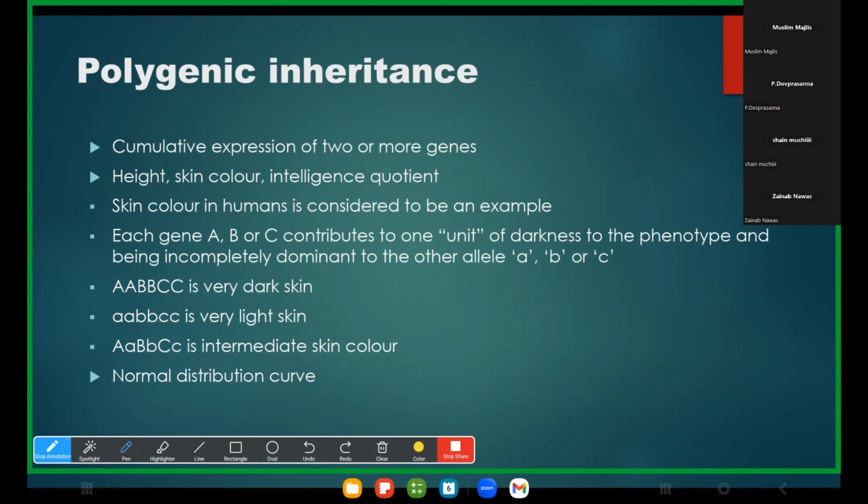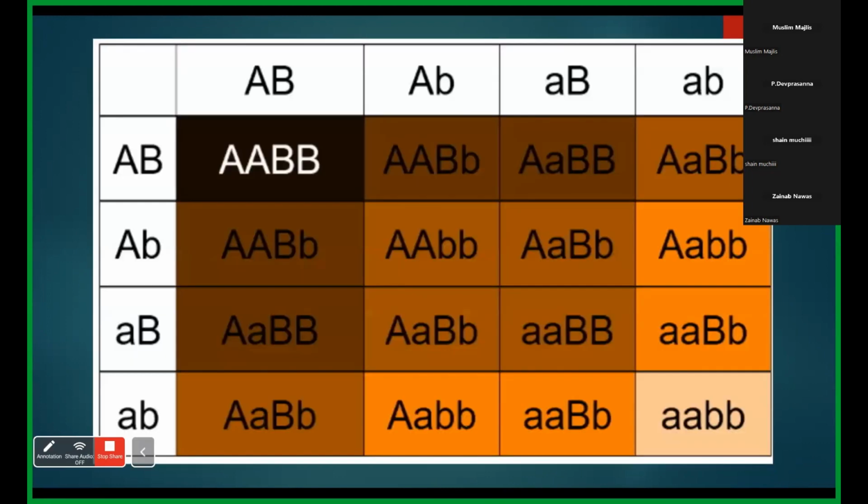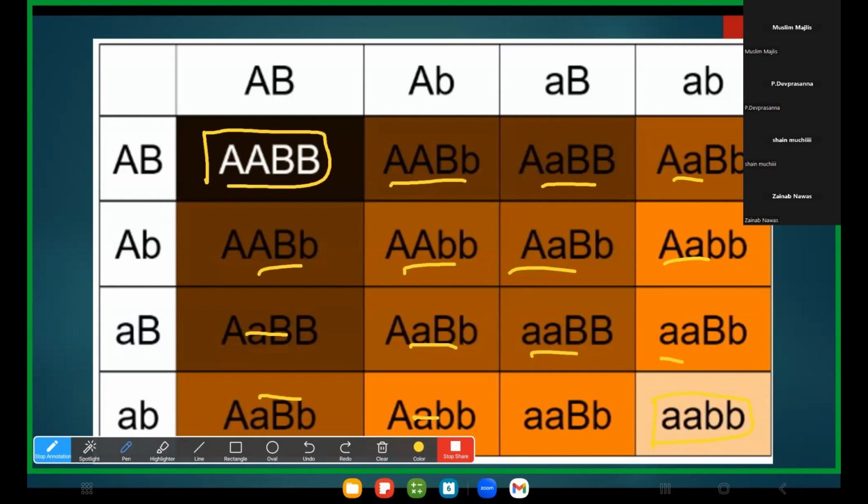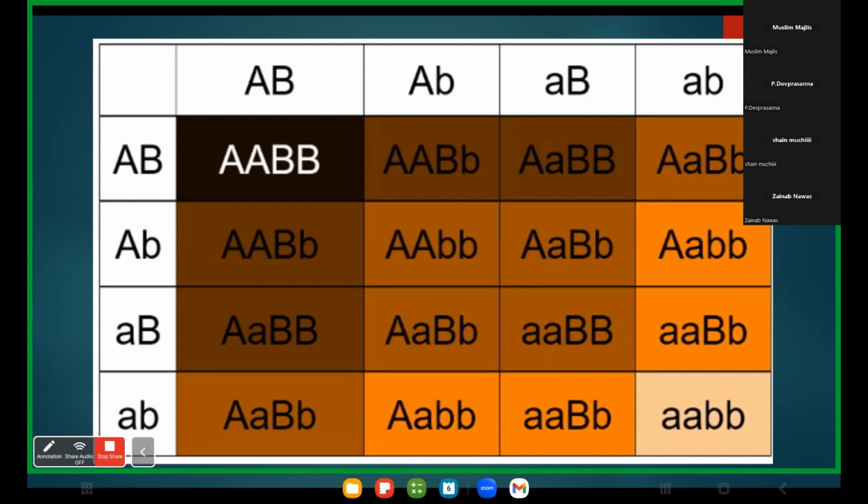So this can be considered in this situation as well, where the presence of double capital A, double capital B, and double simple A, double simple B is much rarer when compared to the other types of genotypes. So these would give a normal distribution curve where the middle value is the most common type of phenotype expressed, observable in the population.